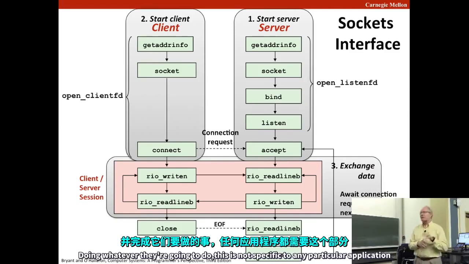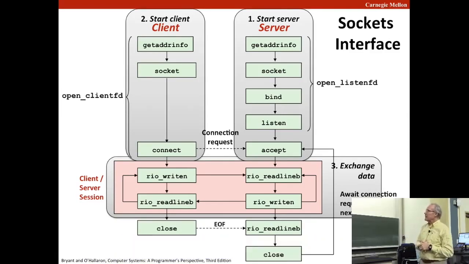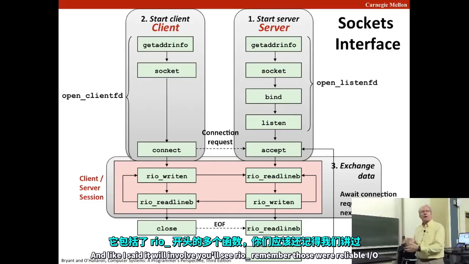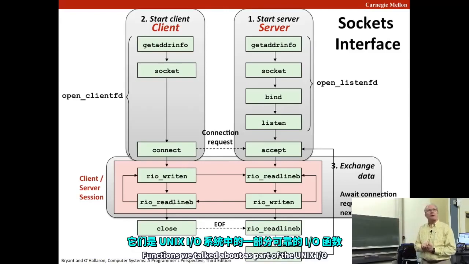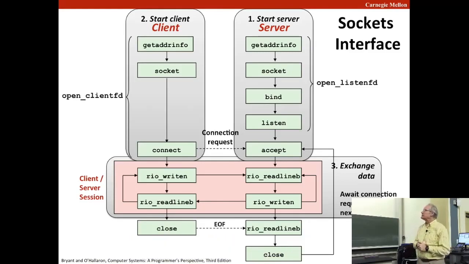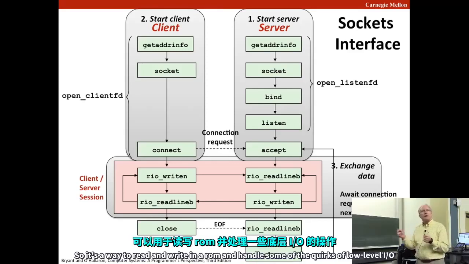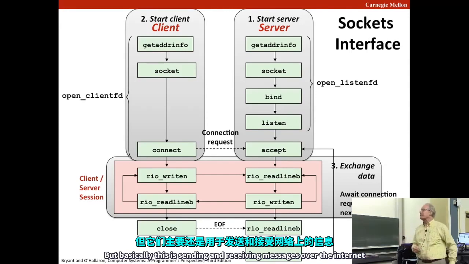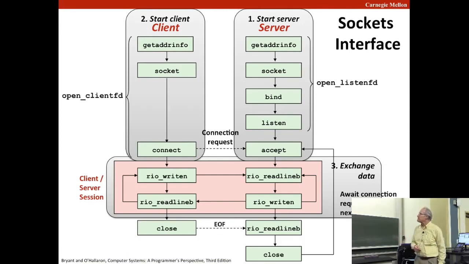This is not specific to any particular application. And like I said, you'll see Rio_ functions. Remember, those were our robust I/O functions that we talked about as part of the Unix I/O. It's a way to read and write and handle some of the quirks of low-level I/O, but basically this is sending and receiving messages over the Internet.